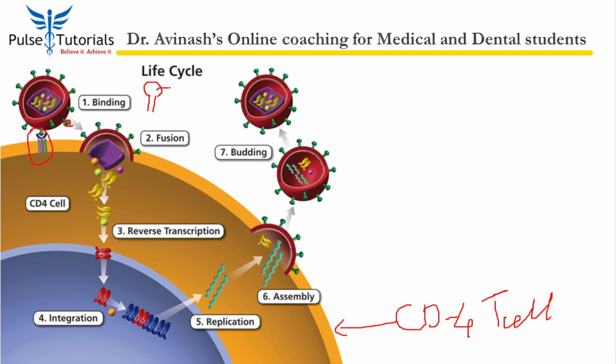So this lollipop, if you can see, there's a green lollipop on this. This top part is the GP120, and the one at the bottom is called GP, for glycoprotein, GP40. So this binding is because this GP120 can bind with a specific receptor.